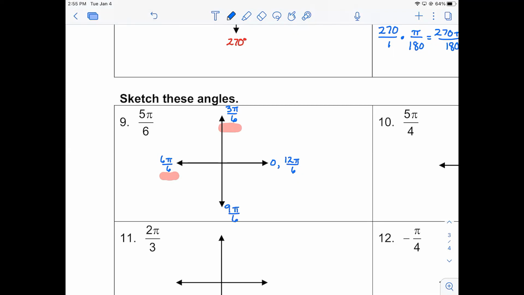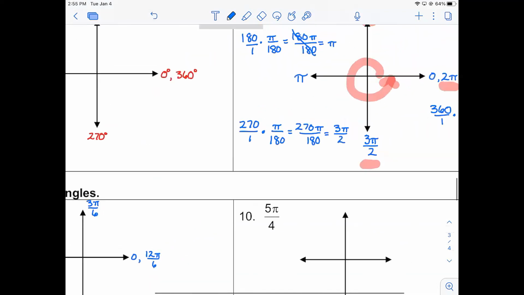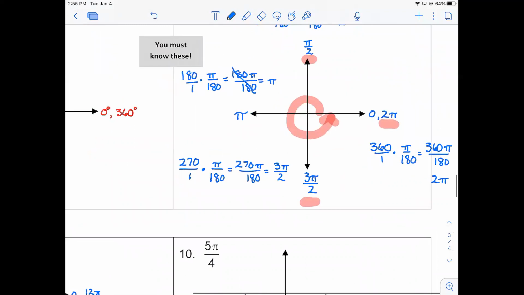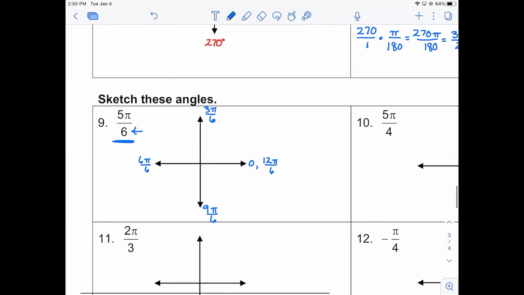Okay? So those are my quadrantals that are based off of turning it into being able to graph this specific radian measure that needs a denominator of 6. I just took my original quadrantals up here and turned them into fractions that had a 6 in the denominator.